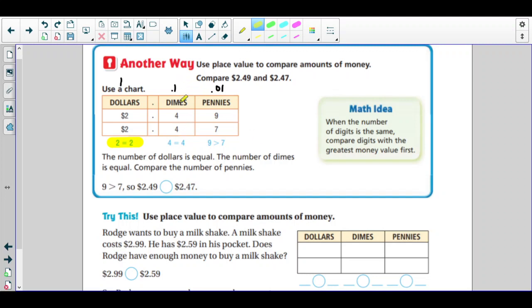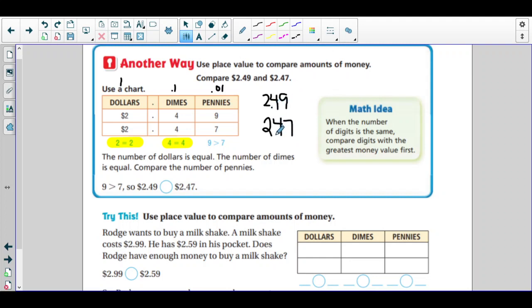We look at the number of dimes. Okay, that's also equal. 4 is equal to 4. But then we get to the pennies. All right, or we're basically looking at kind of like the ones place. If we were to look at this number in terms of 249 versus 247. Okay, we're in that last place.